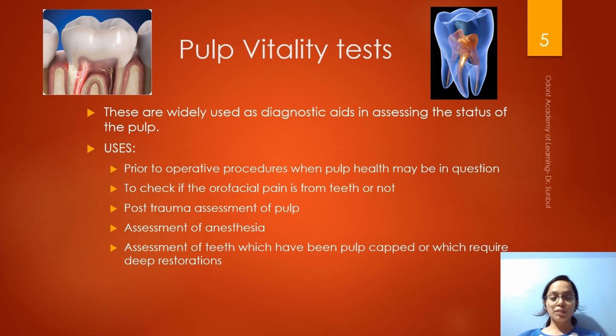After we have given anesthesia, we want to check if the tooth has become properly anesthetized. We can also assess teeth which have been pulp capped or which will require deep restorations, to see if they are vital or not.